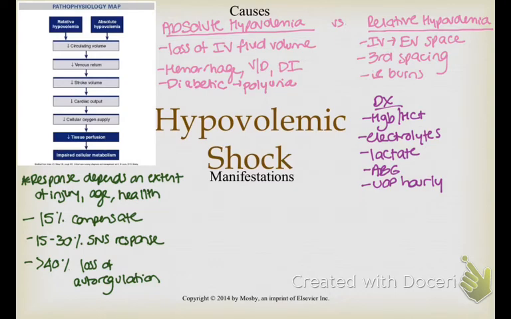So your body can compensate to a degree, right? We've all vomited, had diarrhea, GI bugs. We feel crappy during it, but we don't go into shock every time. We're able to compensate a little bit. But this will vary, like children and elderly are more at risk.